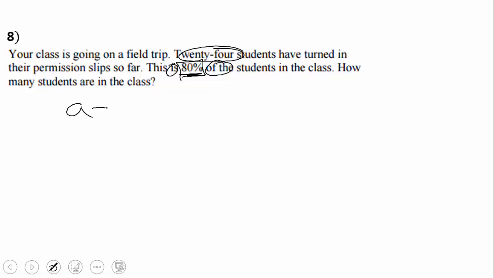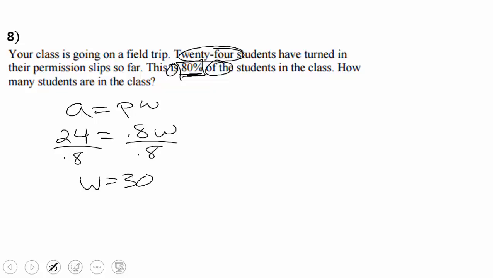A equals PW. So 24 is 80% of the students in the class. Divide by 0.8. And 24 divided by 0.8 is 30. There are 30 students in the class.